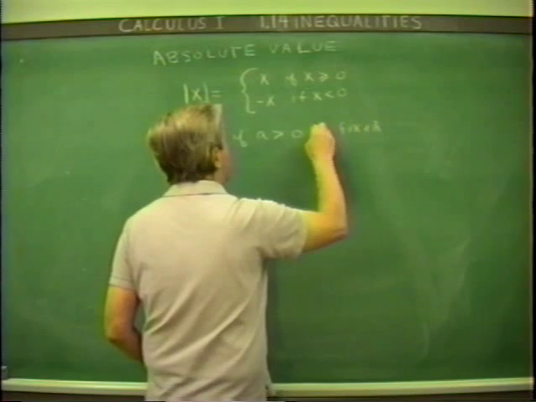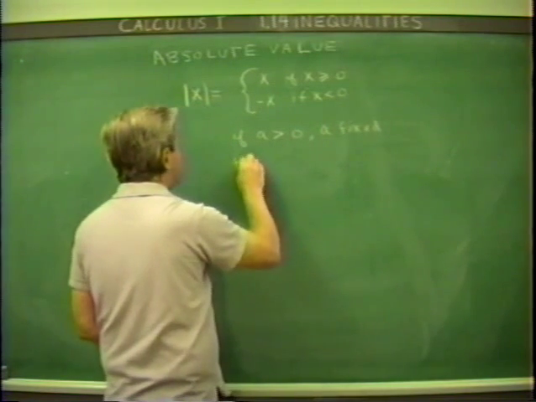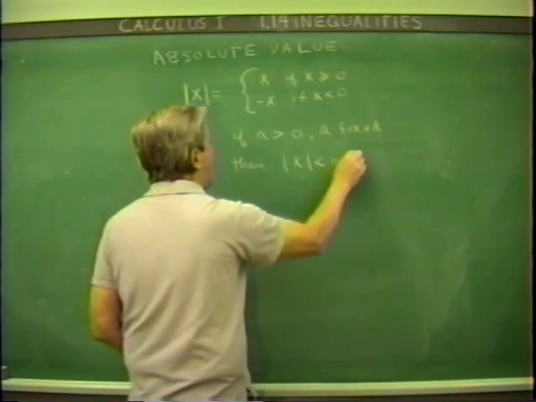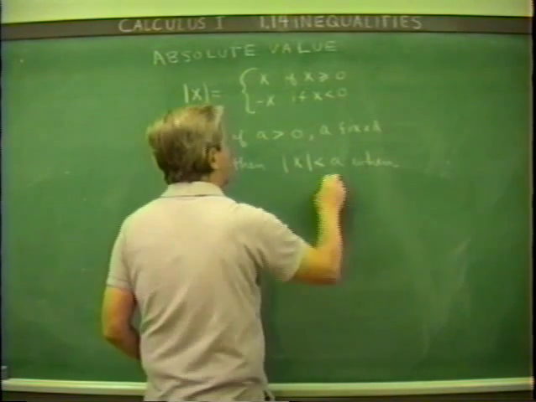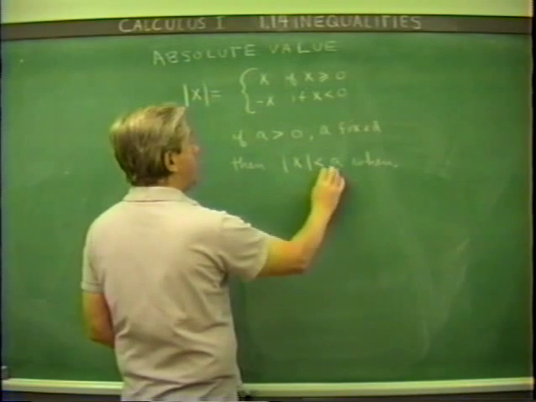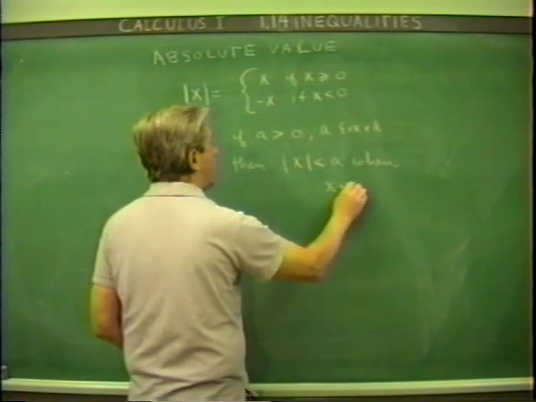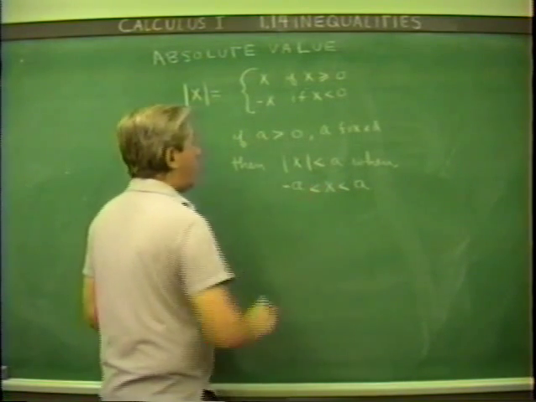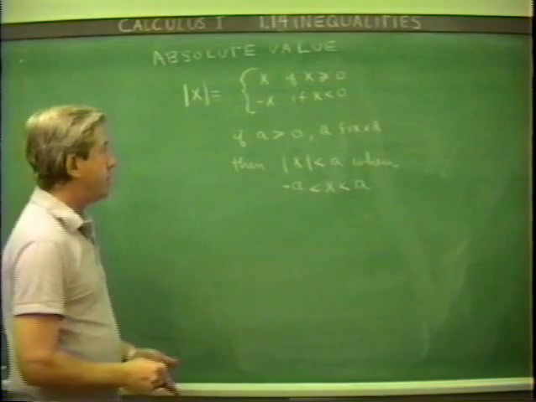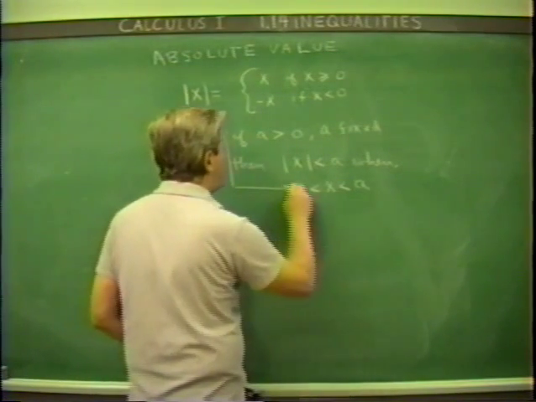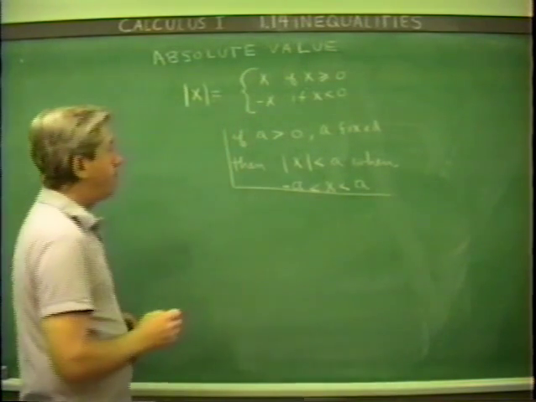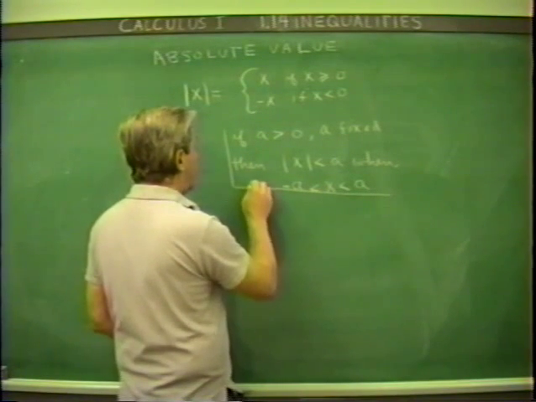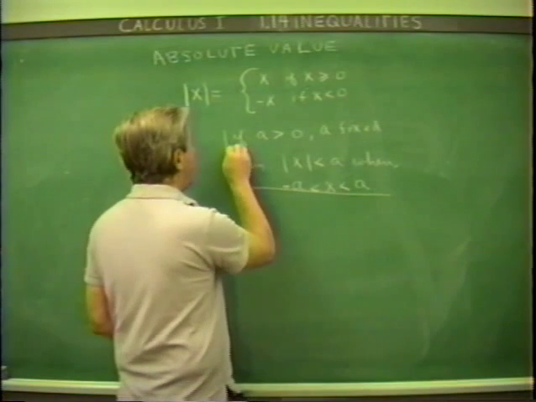If a is a fixed number greater than 0, then absolute x is less than a when x is between a and minus a. That's really very apparent. That's one principle.